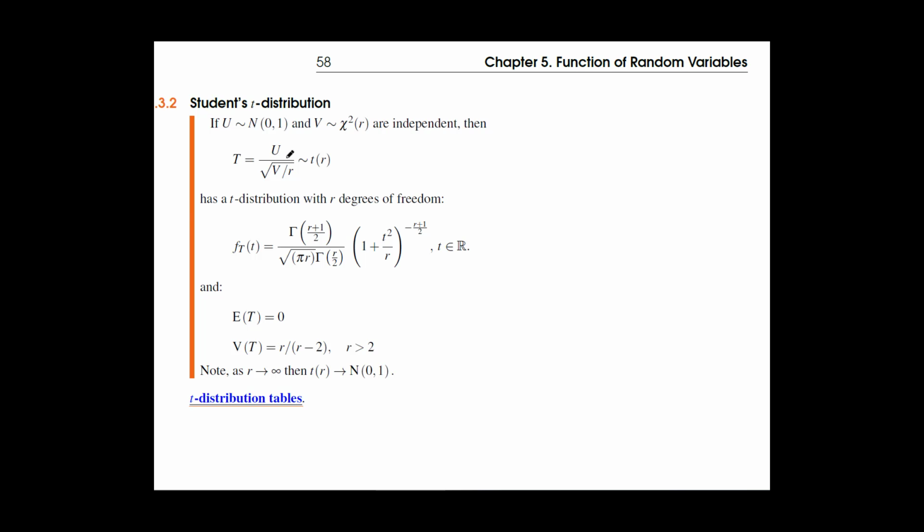So this ratio turns out to be called the t distribution, the t random variable, defined like that. And that's the symbol for the t distribution, like this is the symbol for the chi-square. So just t, and r is the same degrees of freedom, the degrees of freedom of the chi-square.